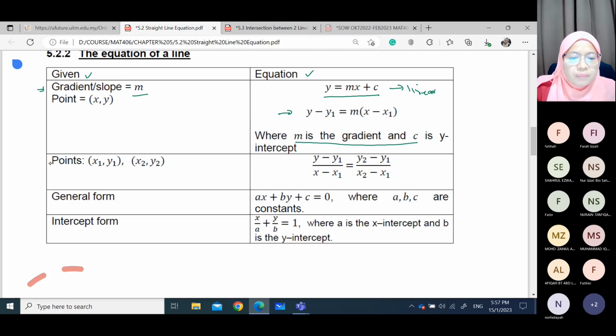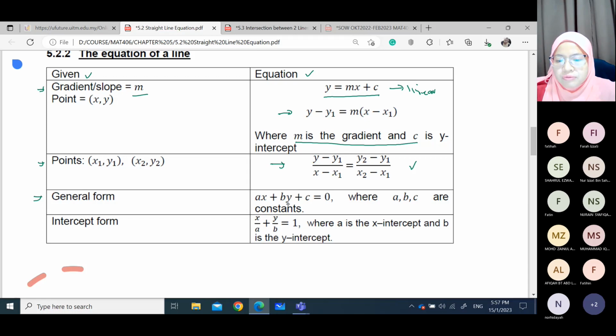Okay. And then for points, we have 2 points, x1, y1, and the other one here is x2, y2. So based on this, we can say that y minus y1 over x minus x1 is equivalent with y2 minus y1 over x2 minus x1. Okay, so ini melibatkan 2 points. Okay, next general form.